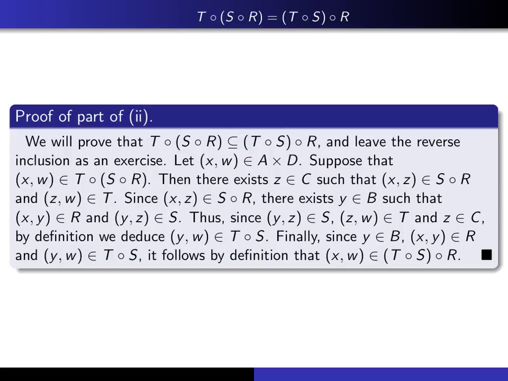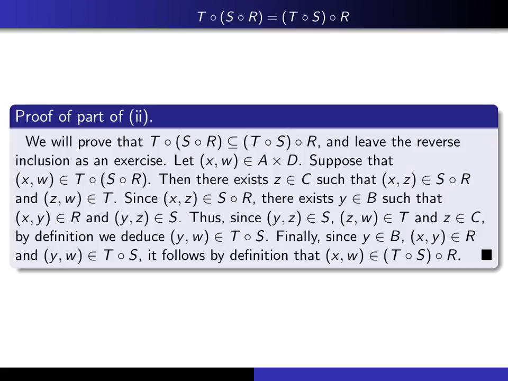Now what does it mean to say that it's in the composition of two things, this one and this one? So in order for xw to lie in this composition, there has to exist a linking z in C such that xz is in the first factor and zw is in the second factor T. Well, now I'm going to write down the working definition of this statement here.